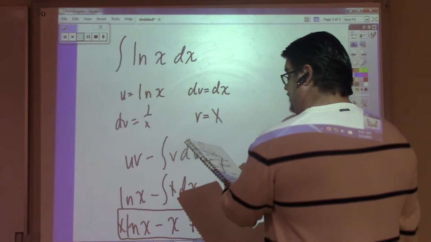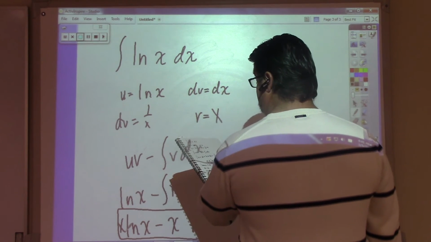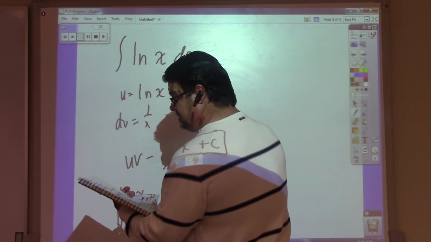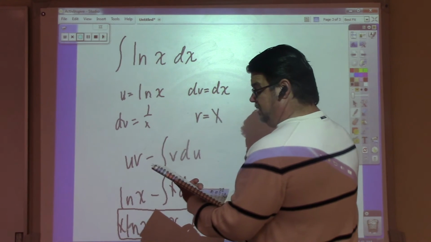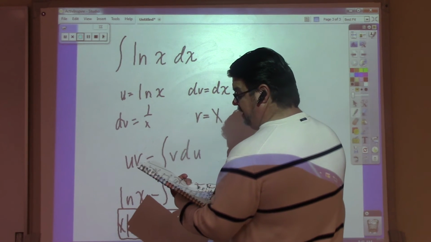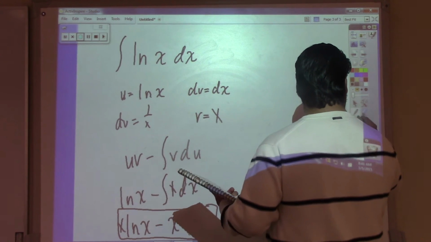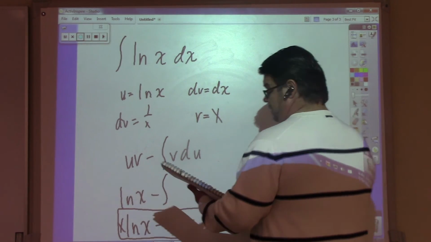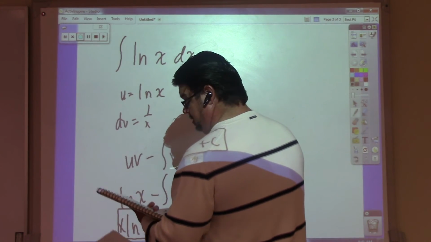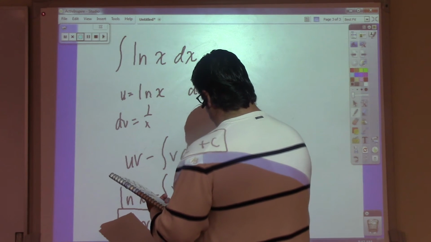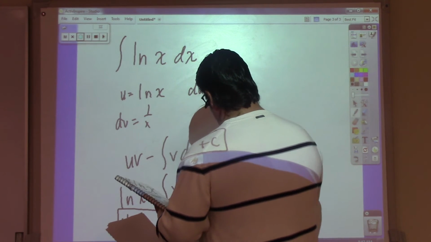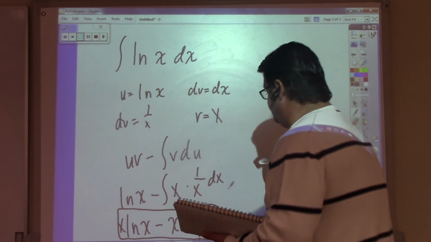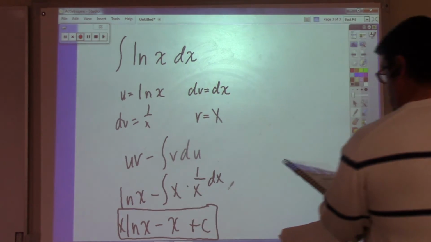That's why I should have stuck with my notes. Natural log of x times x minus, okay, this would be x times 1 over x dx. And that's x over x, which comes out to be 1, which is x. There we go.